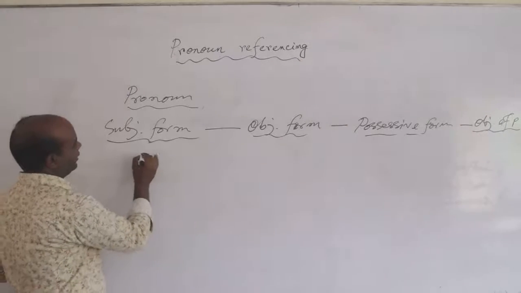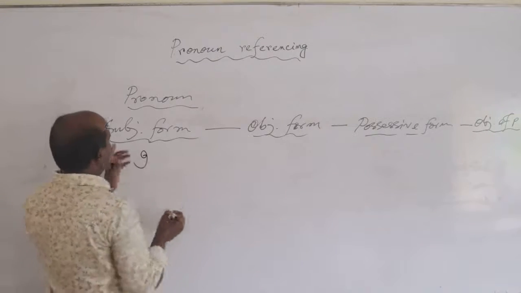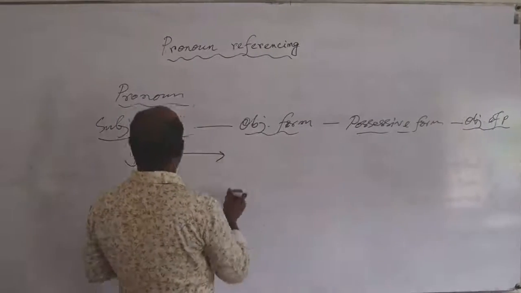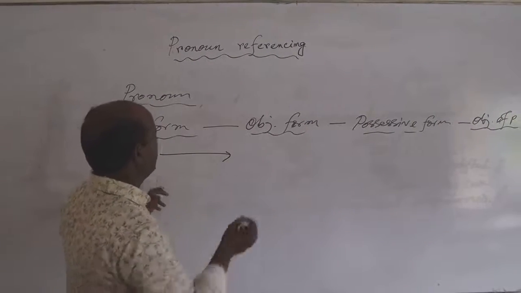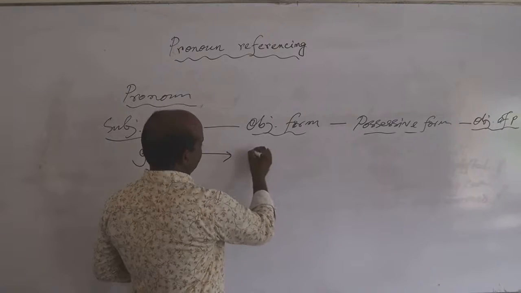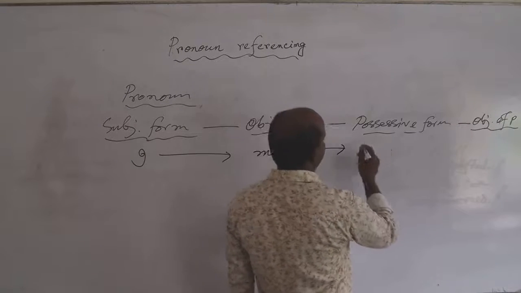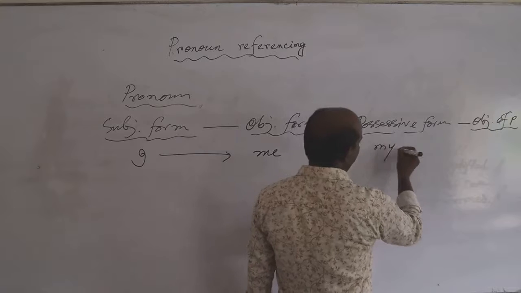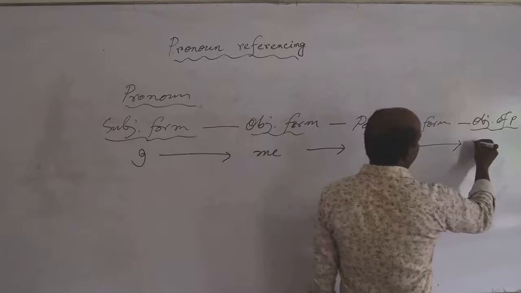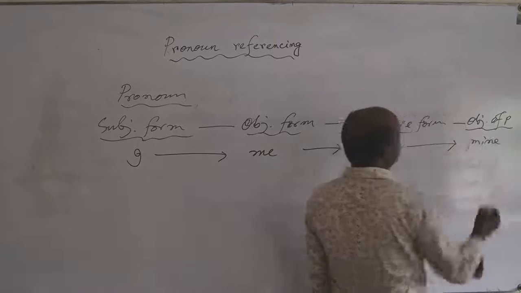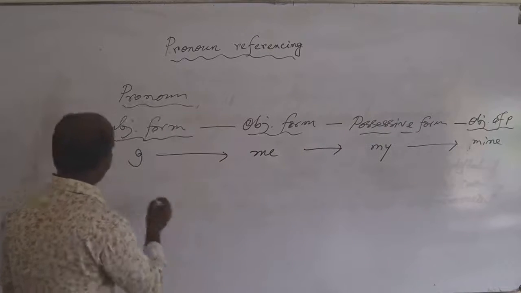Now, I is a subject form of pronoun, and the object form of I is me, possessive my, and mine is the object of possessive.